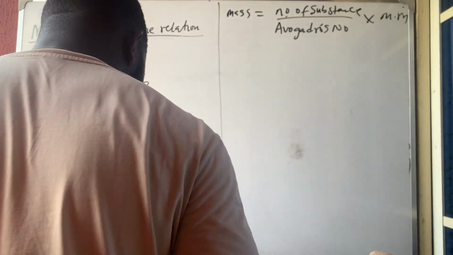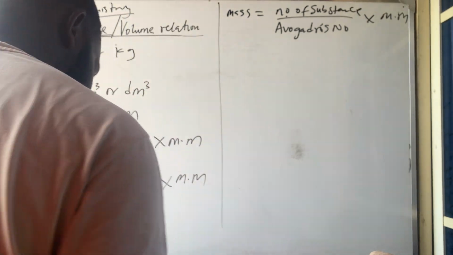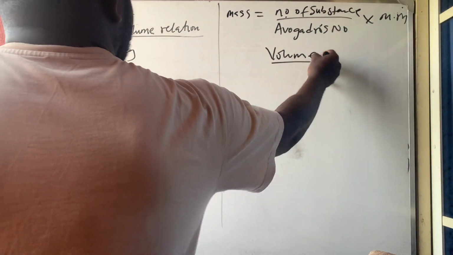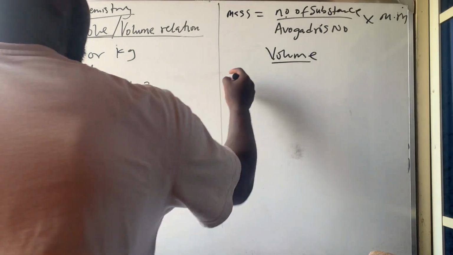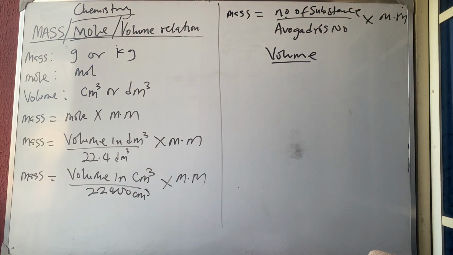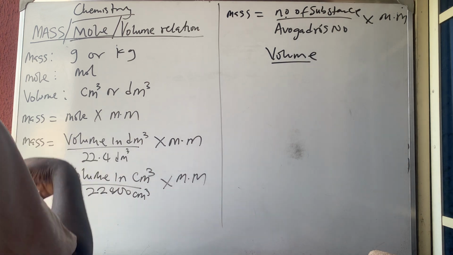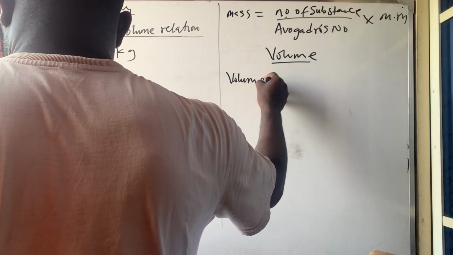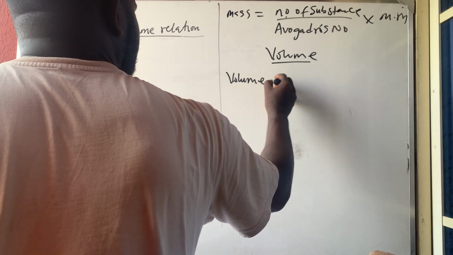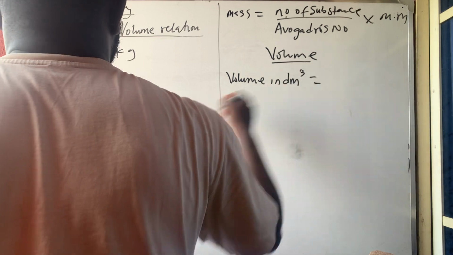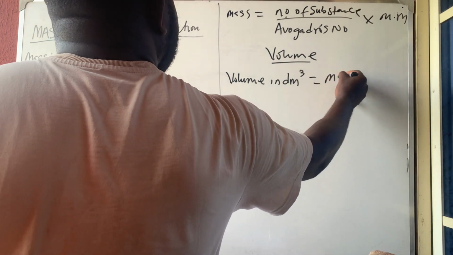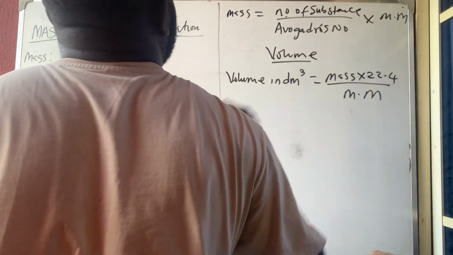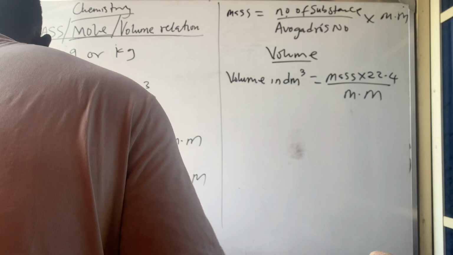So let us get volume. For volume, from here we can get volume. Volume in dm cube is simply, let's cross multiply, mass times 22.4 divided by the molar mass.